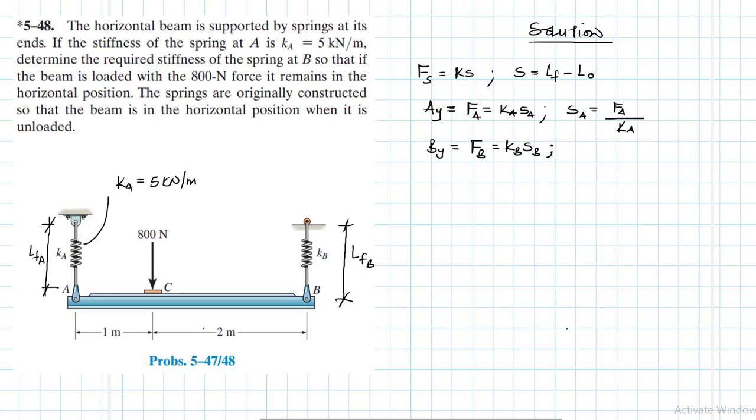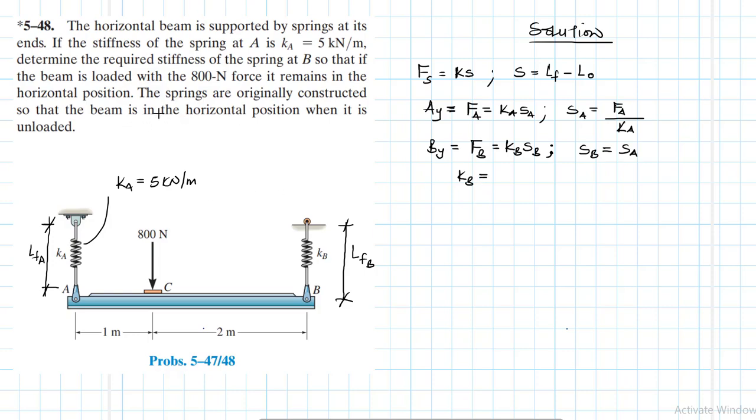It still remains horizontal even when the load is removed. So for the beam to remain horizontal after the load is applied, you expect SB to be equal to SA.